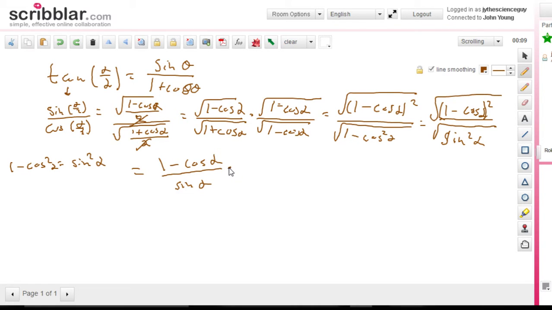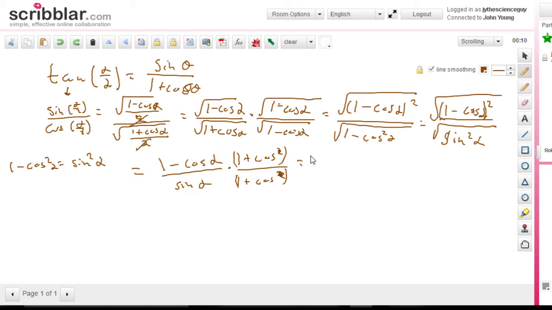So I'm going to take the top and the bottom and I'm going to multiply it by 1 plus cosine alpha. Let's see what happens when I do that. So on the top I get, sorry, that's not squared, that's just 1 plus cosine. So that's a form of 1.